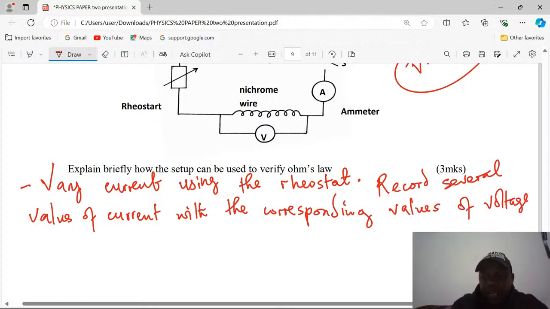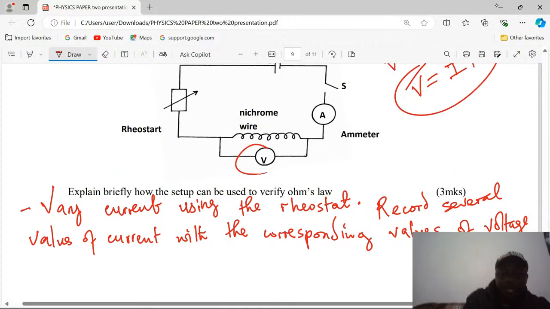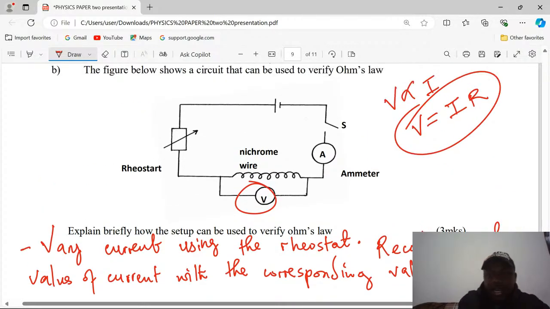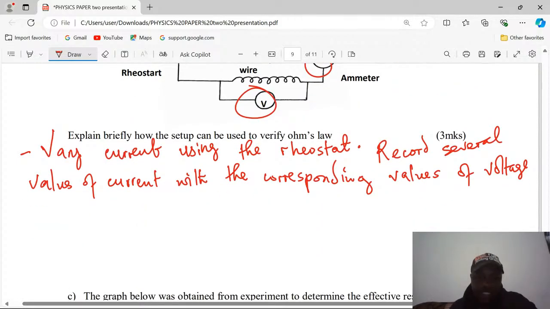Voltage is read from the voltmeter that you can see, current from the ammeter, which you can see here. It's like now we are making a table, a value of current and the corresponding value of voltage.